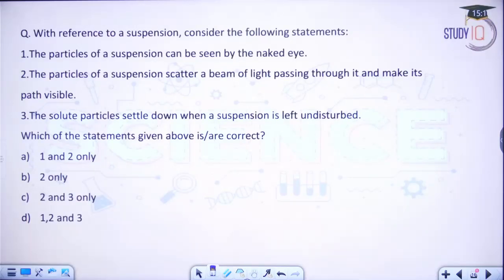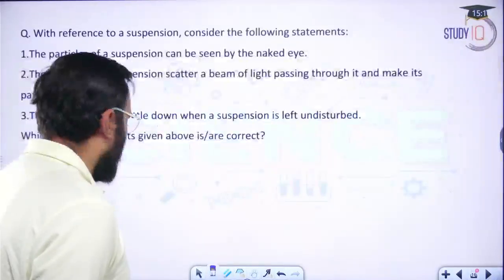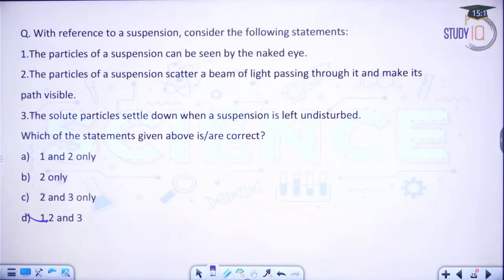Yes, absolutely correct. The particles of suspension scatter a beam of light passing through it and make its path visible. Yes, correct. The particles of suspension can be seen through the naked eyes. Yes, correct. Right answer is option number D.